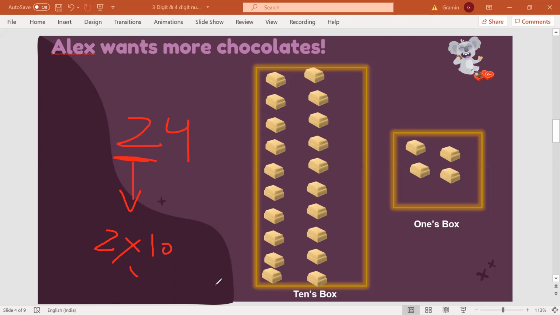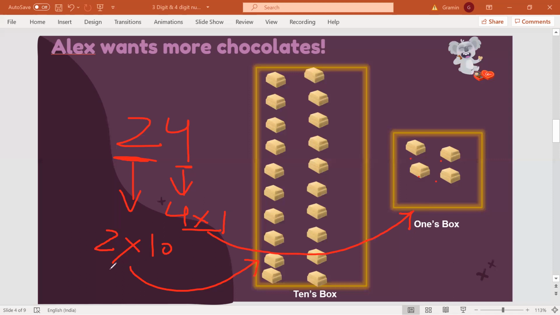And over here we have 4 groups of 1 chocolates. So the number of groups is 4, and how many chocolates are there in one group? 1 chocolate. So over here the number of chocolates becomes 4.